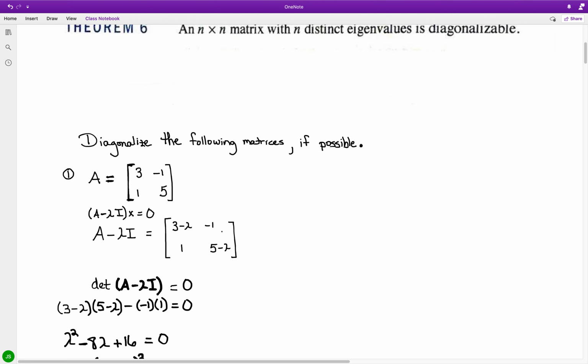Going back to the setup for the characteristic equation, we take the difference between A and lambda I. So we have 3 minus lambda, -1, 1, 5 minus lambda, and we take the determinant of this difference: the quantity 3 minus lambda times 5 minus lambda, minus the diagonal product of negative 1 and positive 1, set equal to 0.